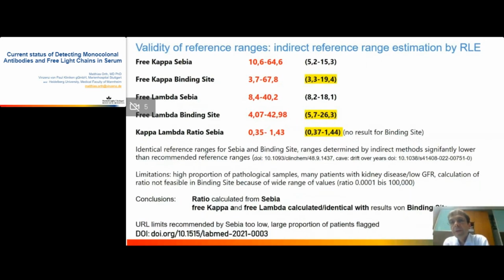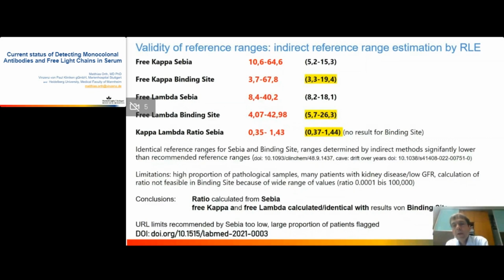So this shows that with the indirect method, we get much higher reference ranges for the population which is tested for free light chains, but the ratio is nearly identical.